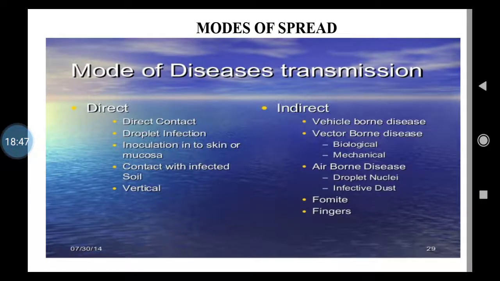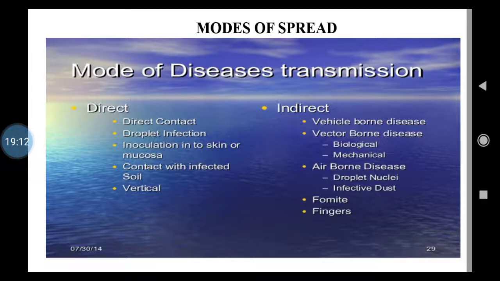Now the next part in this chapter is the different modes of disease transmission. We can call them modes of transmission or modes of spread. The classification of these modes of spread of diseases is into two sections: direct modes and indirect modes.